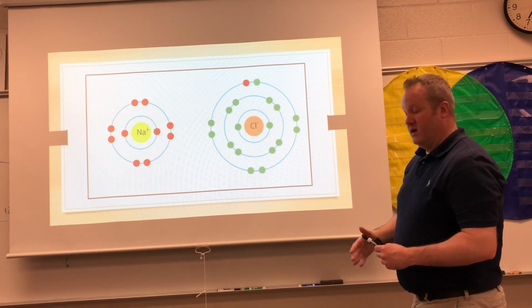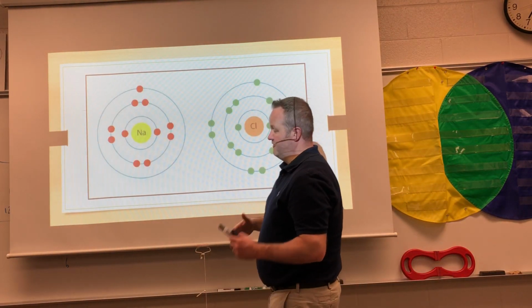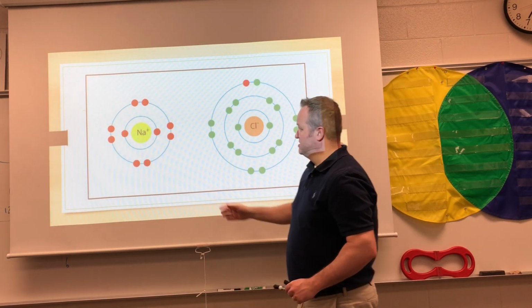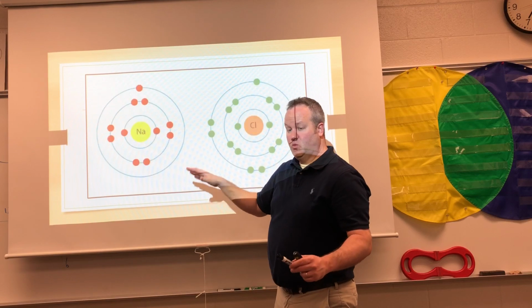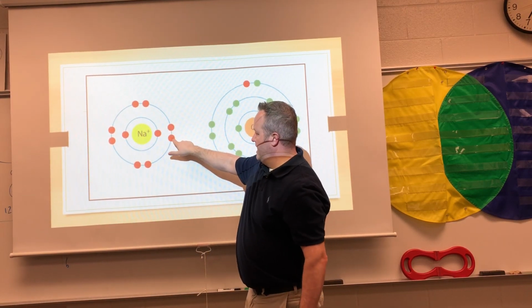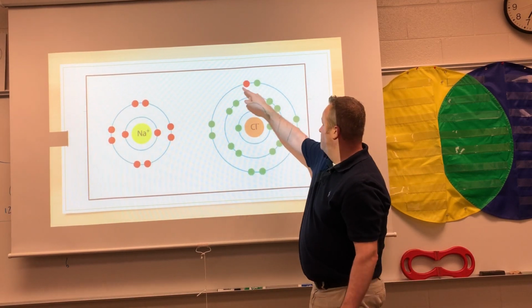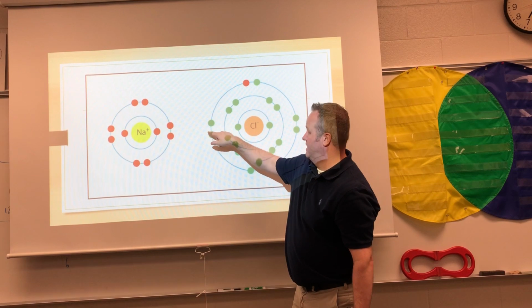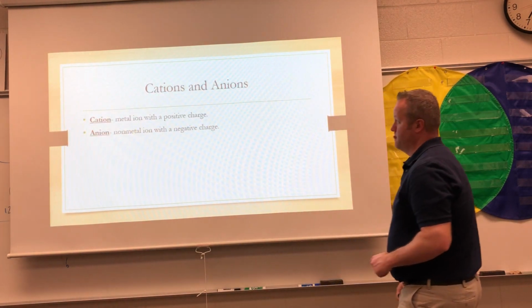Here is an example of what can occur. You'll notice that chlorine and sodium can have a great relationship because sodium wants to give away 1, chlorine wants to take 1. If sodium gives away that one on the outside, this level right here becomes the outside level, and it has 8 there. And if chlorine gains 1 more for its outside level, it will then have 8 valence electrons as well.